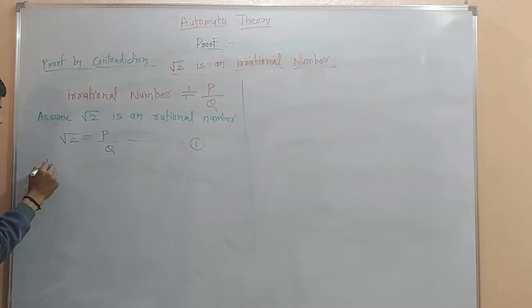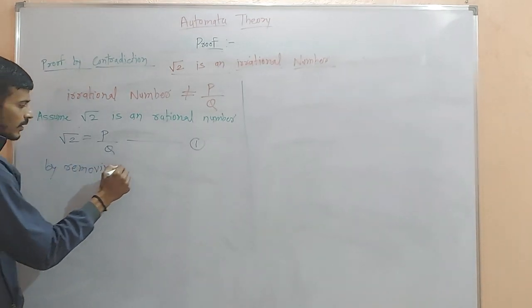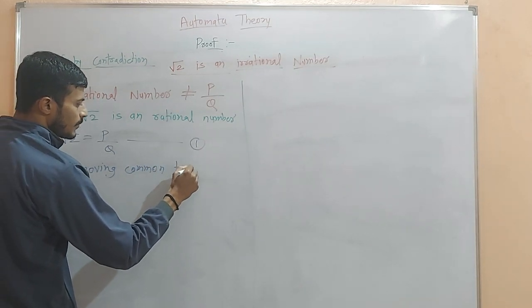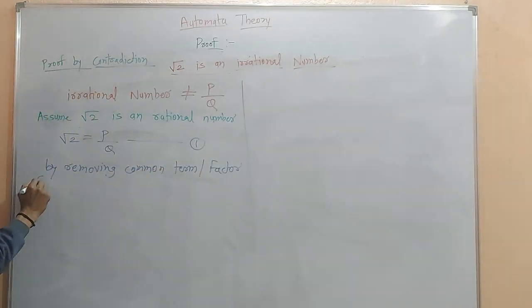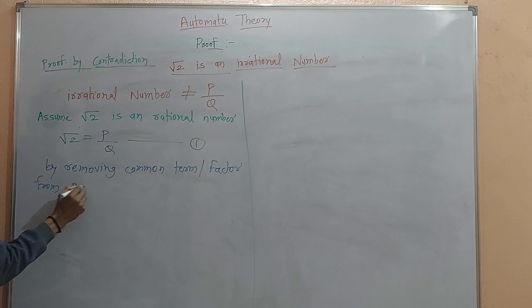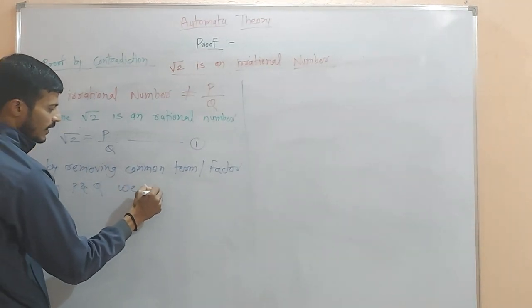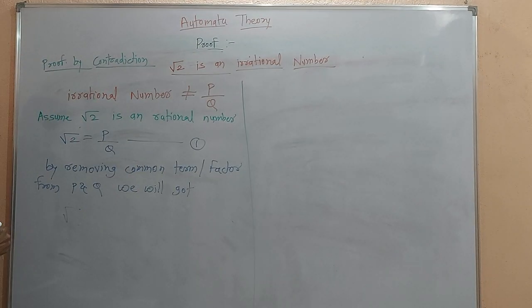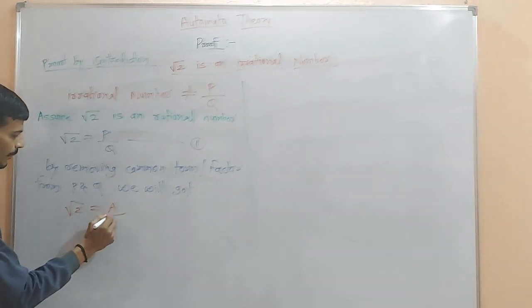So by removing the common term, or you can say common factor, from p and q, we will get root 2 equals a upon b.